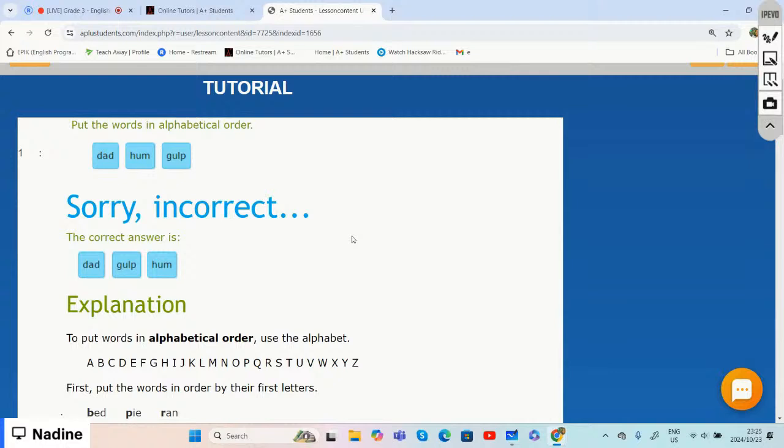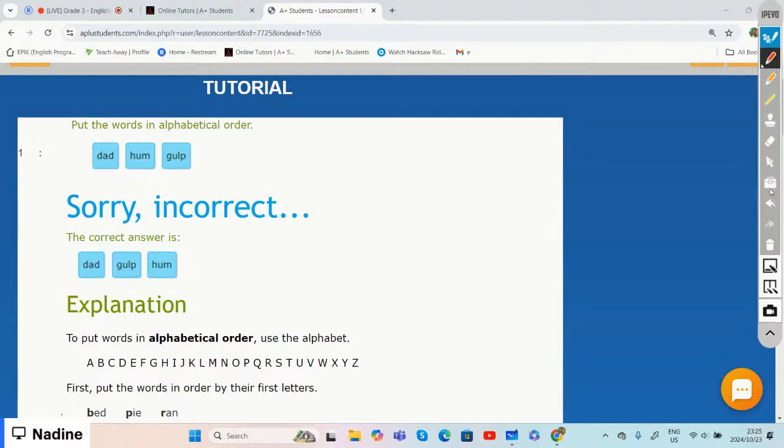If we were to put the words in alphabetical order, we will put them in order by first the dad. We first have dad.